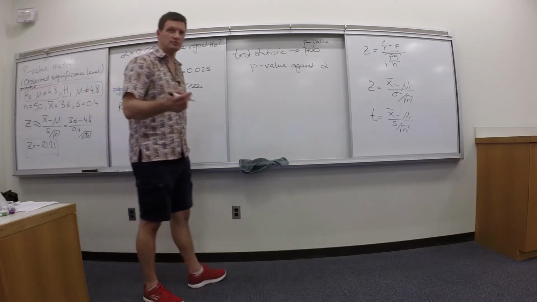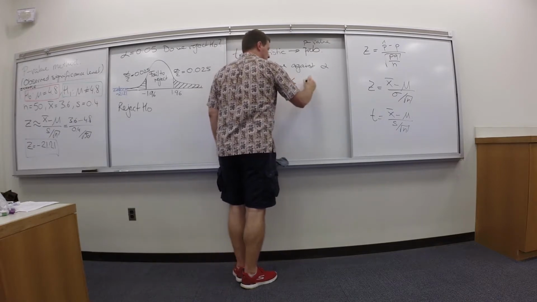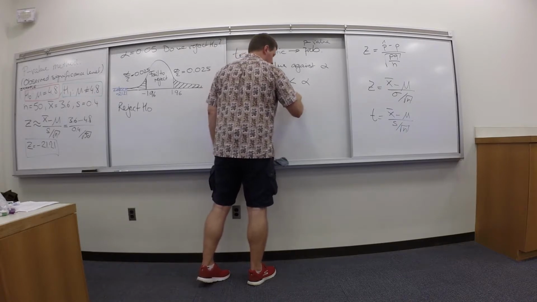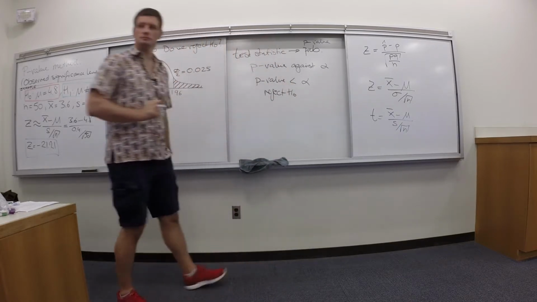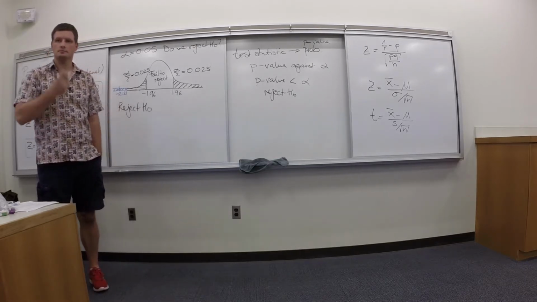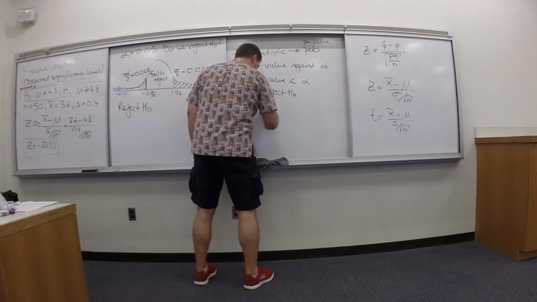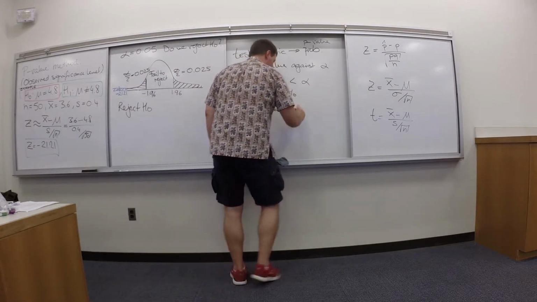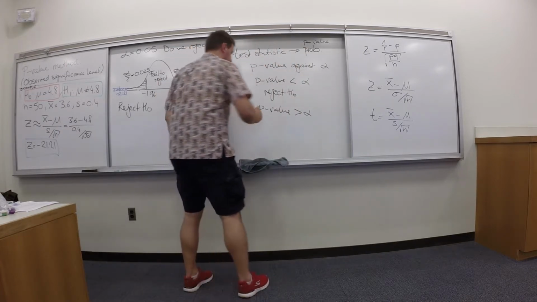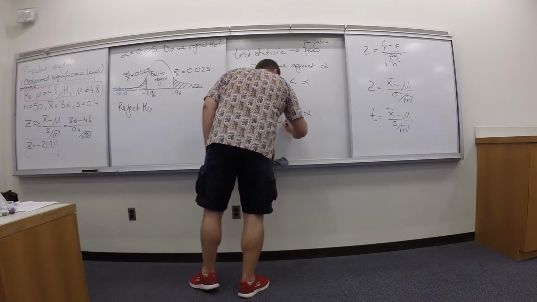There are two outcomes we can have. If p-value is less than alpha, we reject H sub 0. If p-value is greater than alpha, we fail to reject.